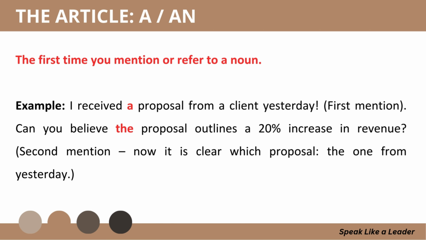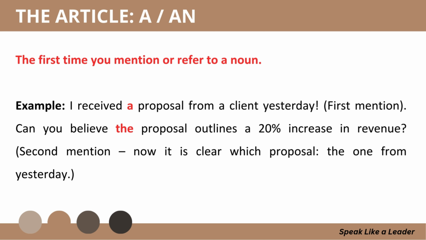The second difficulty is to realize whether we need to use the article a or an or the article the. So one easy way to remember this is the first time you mention or refer to a noun, you use a. For example, I received a proposal from a client yesterday, and it's a proposal because it's the first time I'm mentioning this proposal.